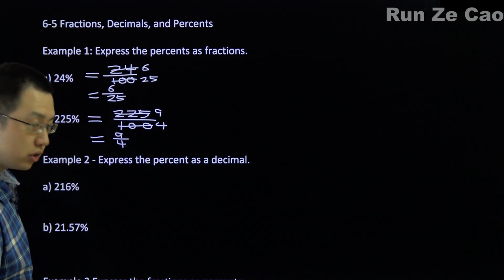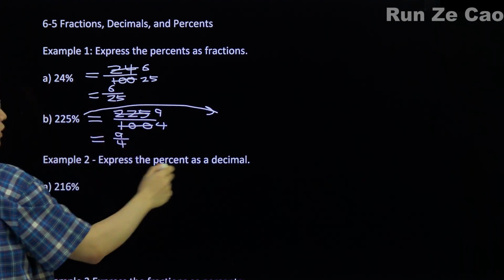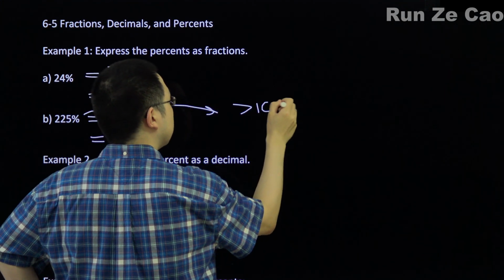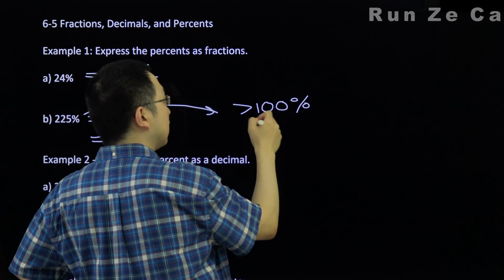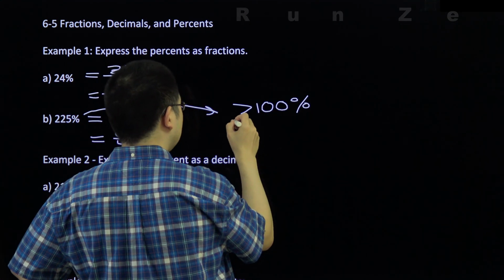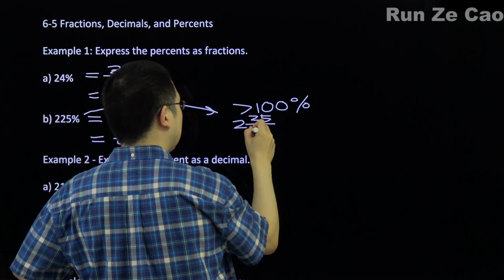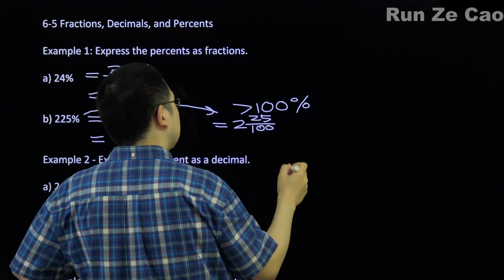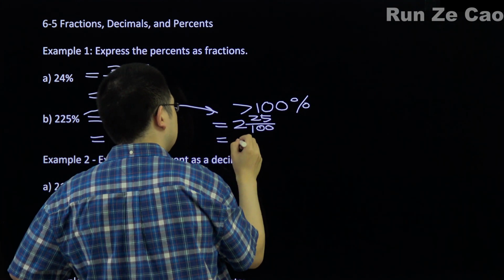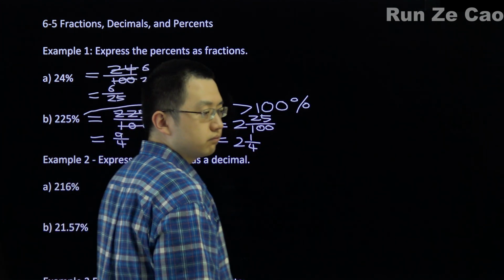In fact, when you're doing this type of greater than 100%, you can actually take out the whole number part. Like you can just go 2 25 over 100. And then that's 2 1/4.